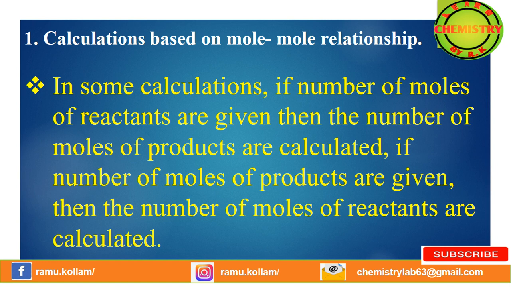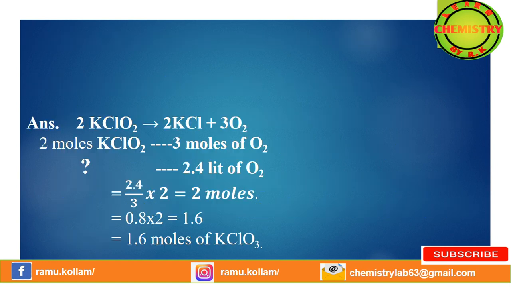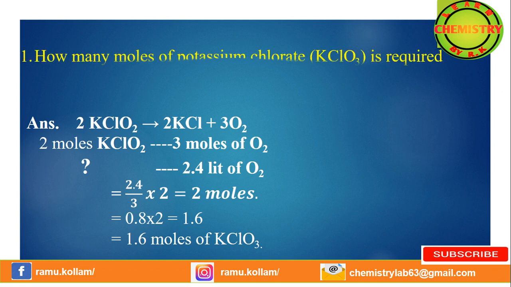Take one example: how many moles of potassium chlorate are required to produce 2.4 moles of oxygen? Here they give both the reactant side and the product side, a mole-mole relationship.